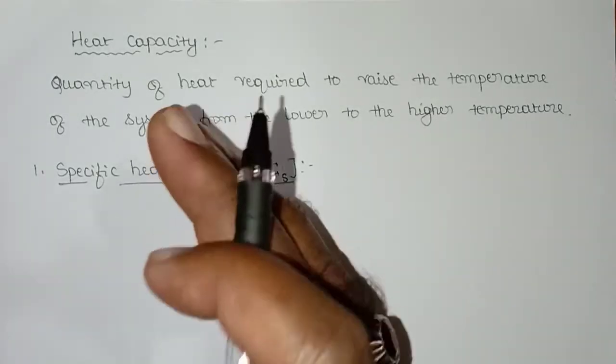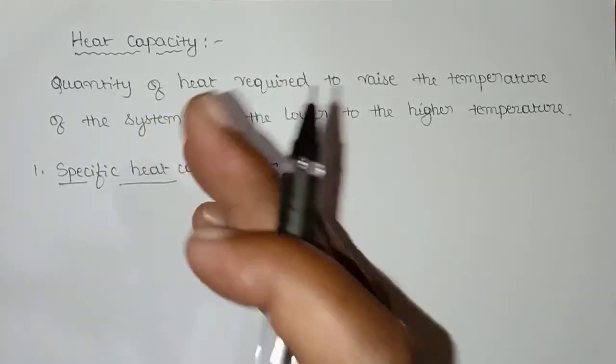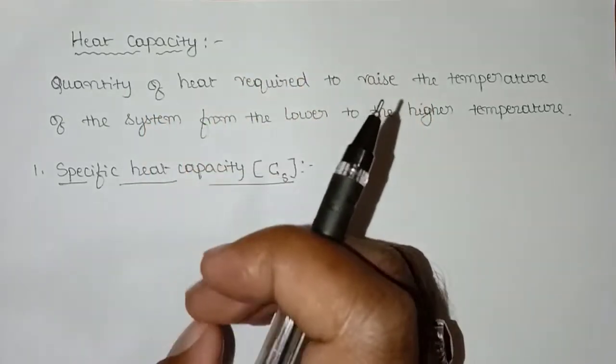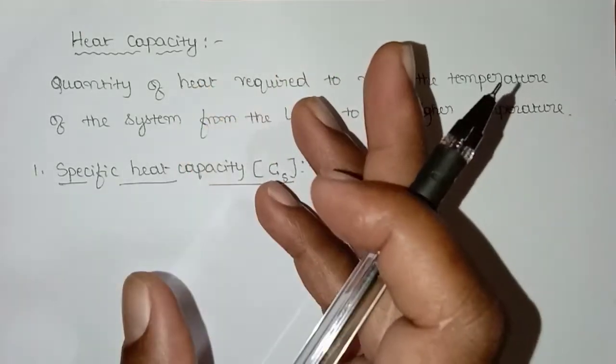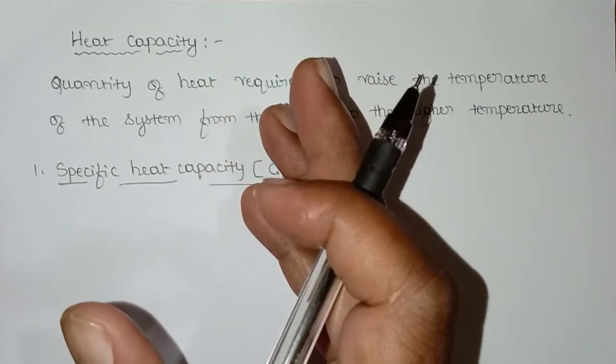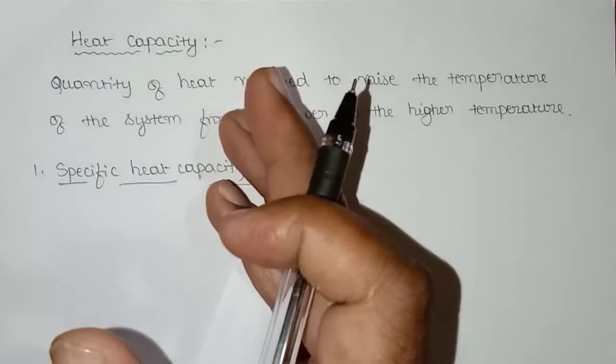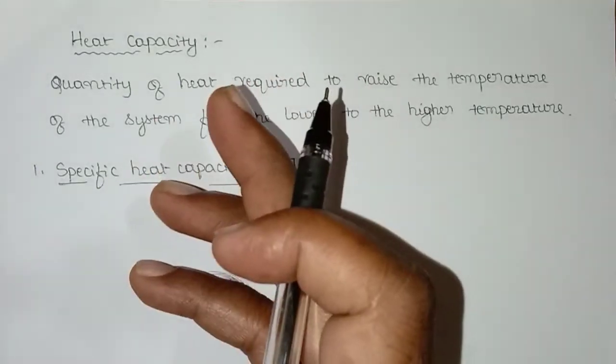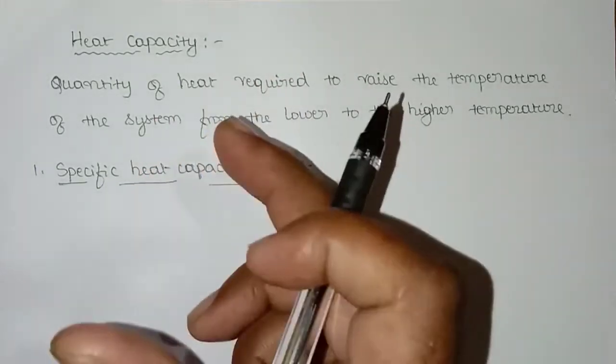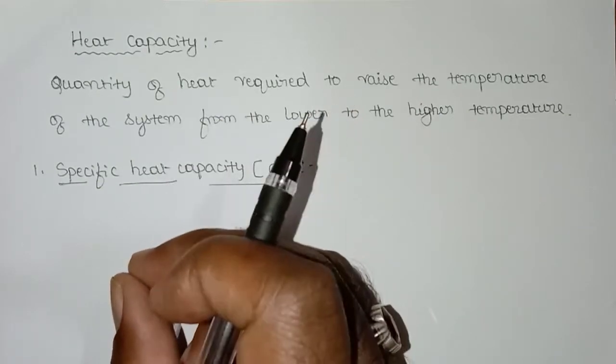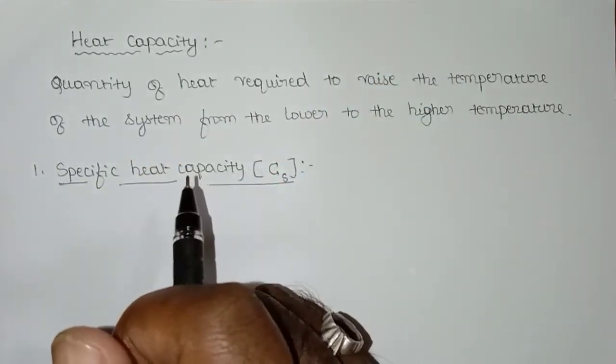As I said, a system already has some definite amount of heat energy, and in order to raise the temperature of that system, we provide energy once again. So there will be a change in heat energy of the system so as to cause a change in temperature.